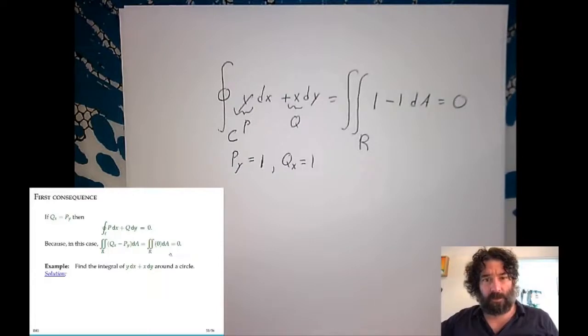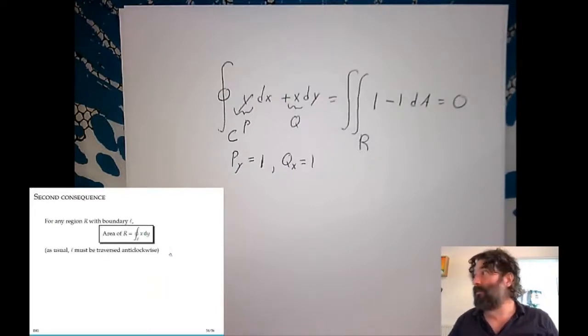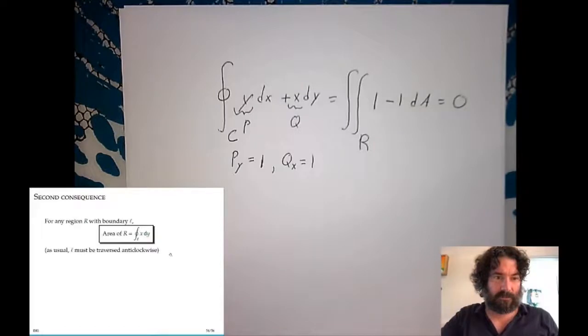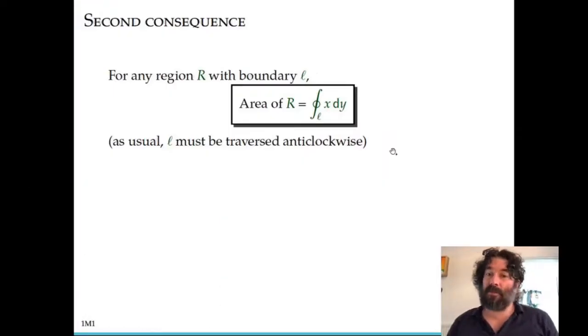Okay, so that's one consequence of Green's theorem. A second consequence is that we can use line integrals in order to calculate areas. So we have a region R which is enclosed by a closed curve L, and the area of R is equal to the line integral around the boundary of R of the differential form x dy.